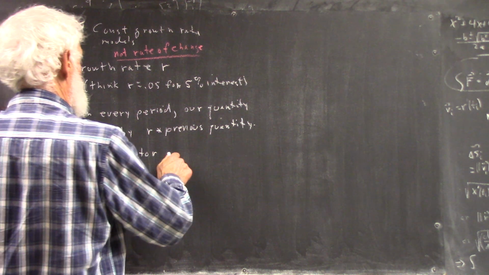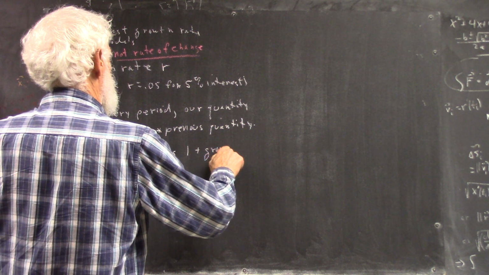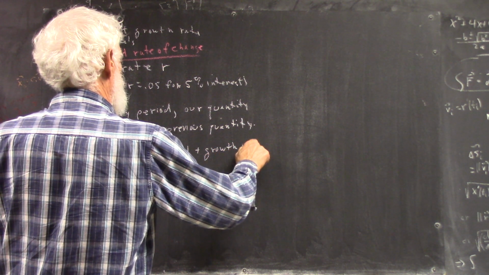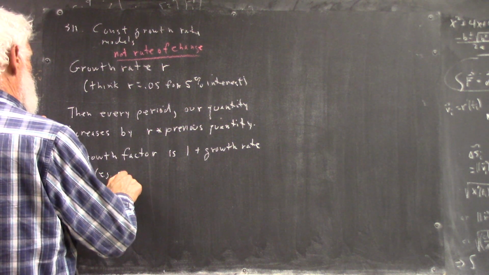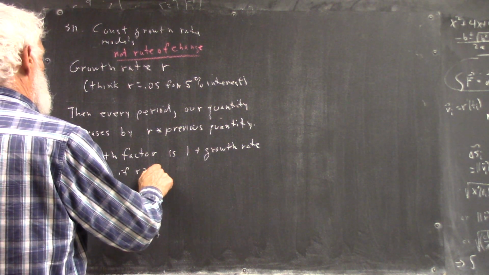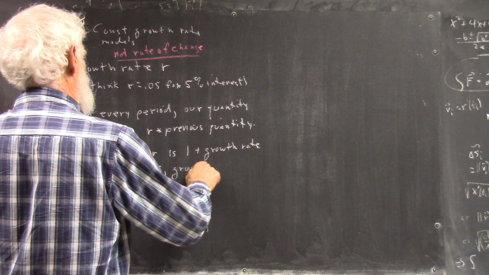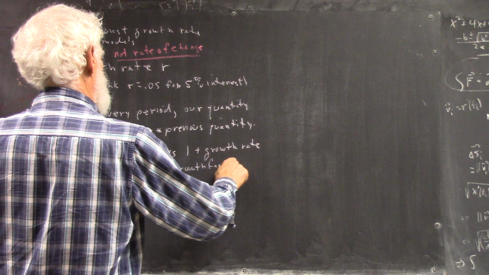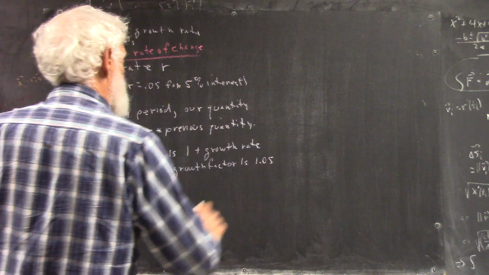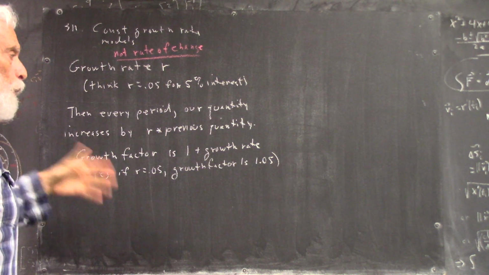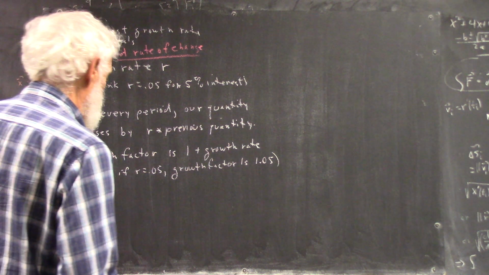Growth factor is 1 plus growth rate. So your growth factor would be 1 plus 0.05 or 1.05. So there's your growth factor.